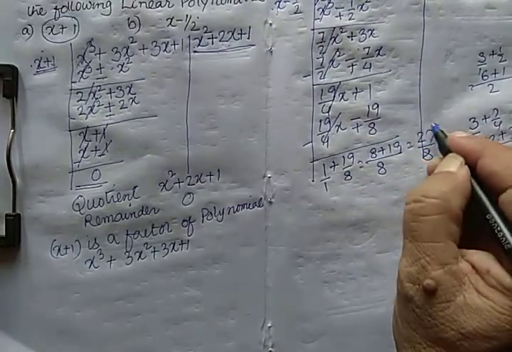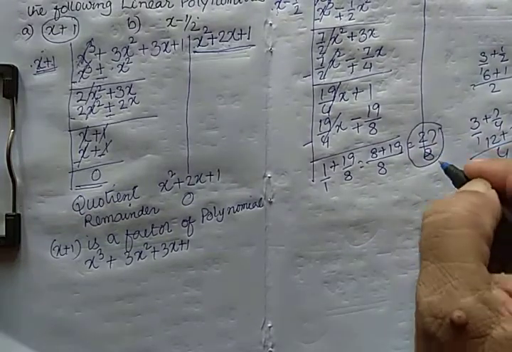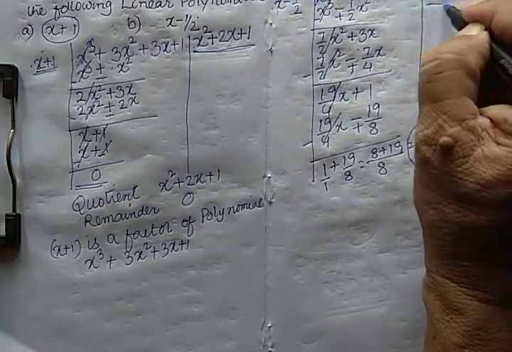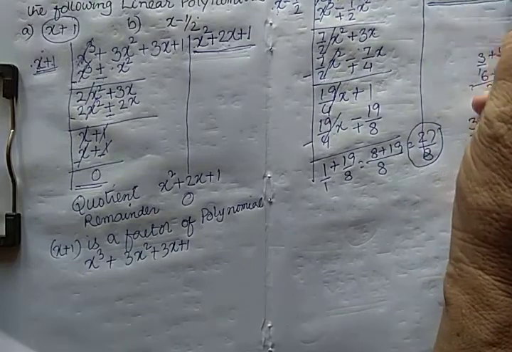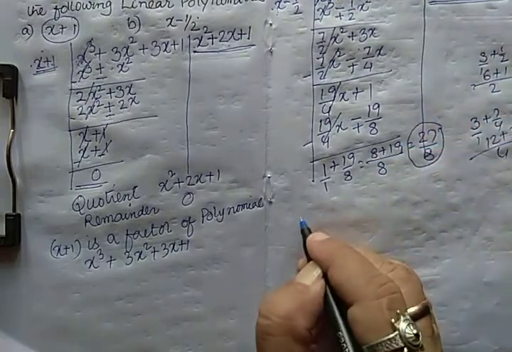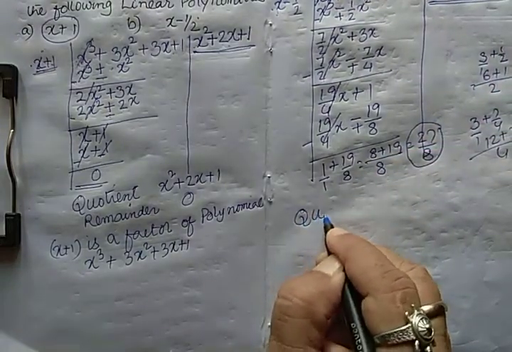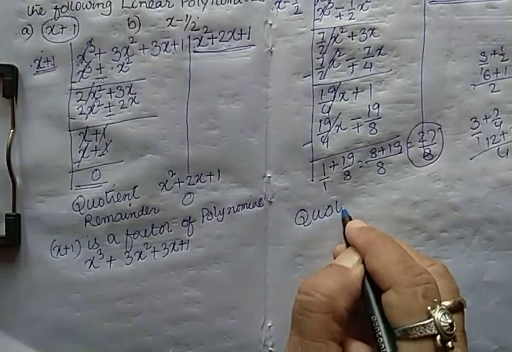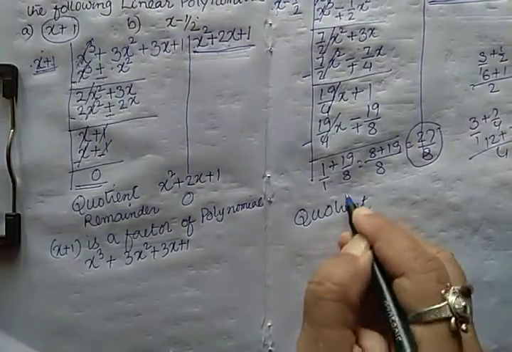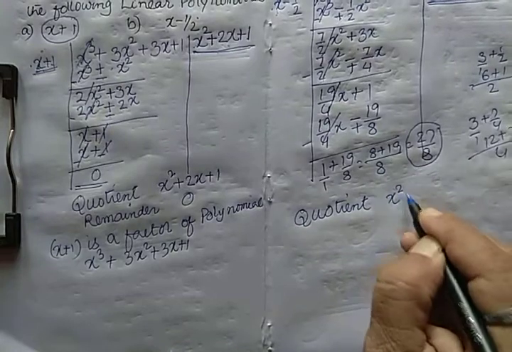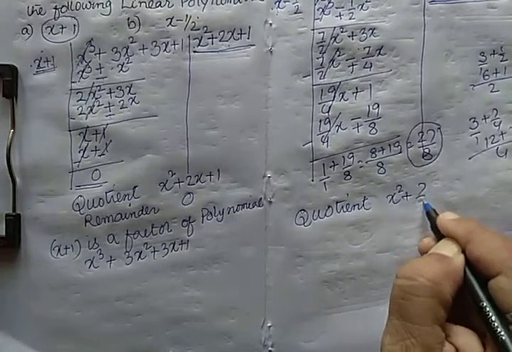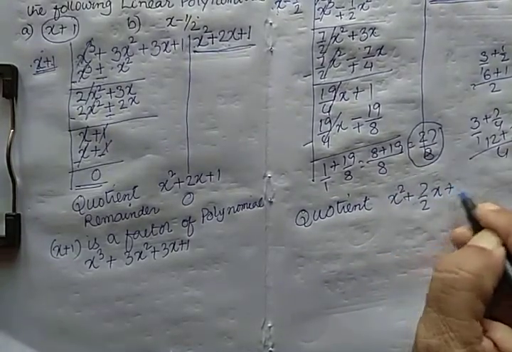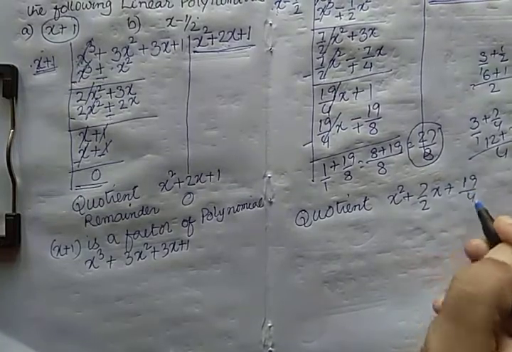So what is this 27 by 8? This is your remainder. What is this? This is your quotient. So what you get? You get quotient x square plus 7 by 2x plus 19 by 4.